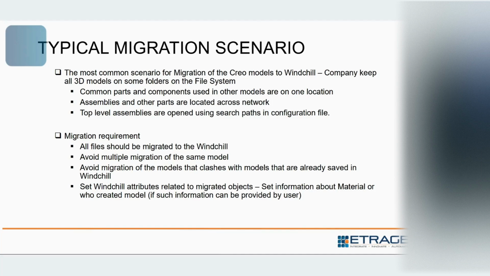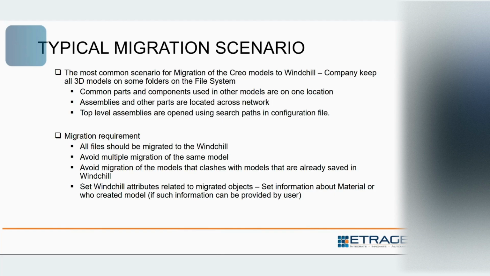For that scenario, the usual migration requirement is that all files should be migrated to Windchill. We need to avoid multiple migration of the same model, and to avoid migration of models that clash with models that are already saved in Windchill.